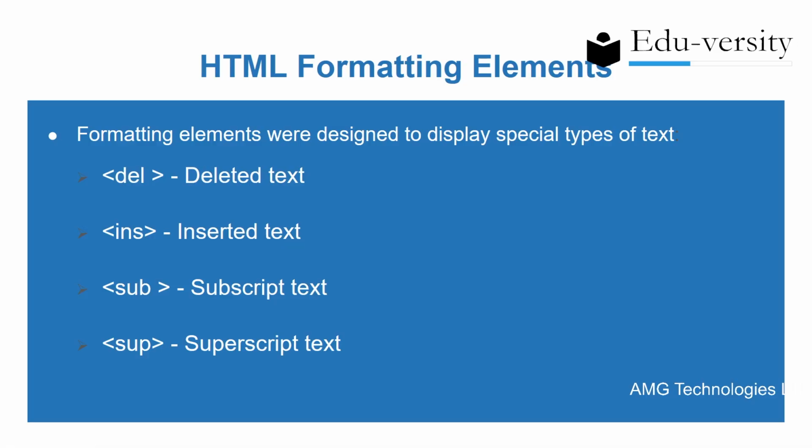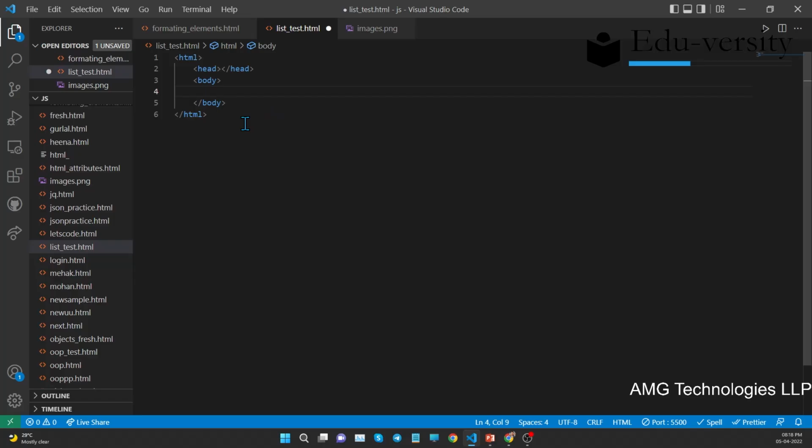Now let's see it by example. In this body, I want to first of all create an unordered list. As I said, for an unordered list, we write the UL tag. To start an unordered list, we write UL, and in this UL tag we put the list items.